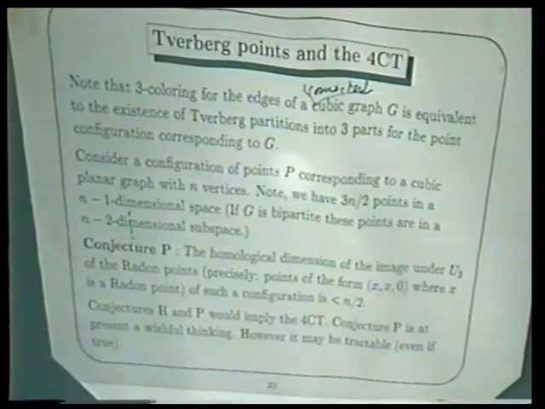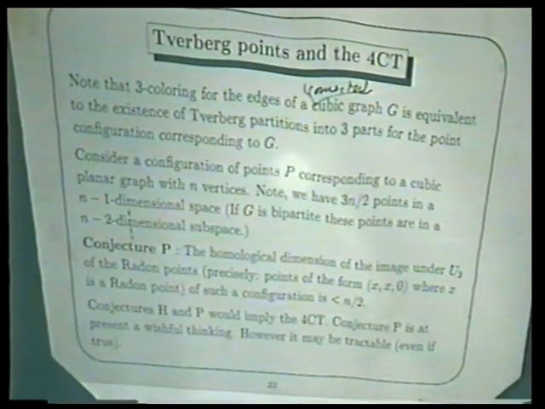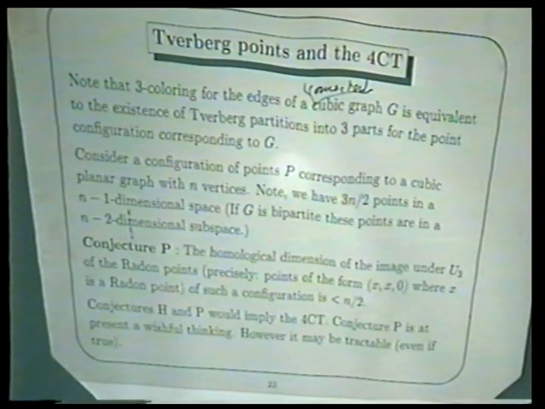What we really want to show is that there is a Tverberg partition into three parts. But for this configuration of points, there are not enough points to guarantee a Tverberg partition. So you need some special condition that implies that a Tverberg partition into three parts exists.